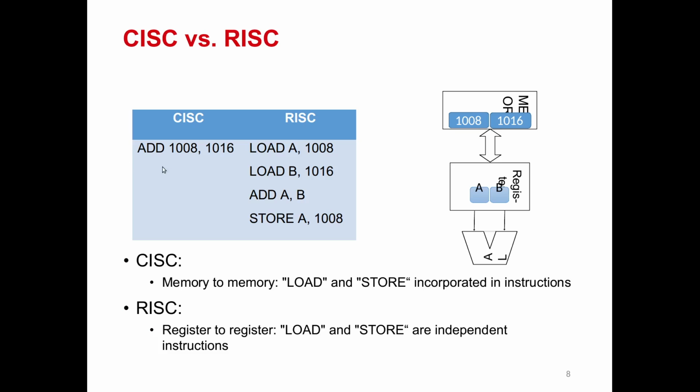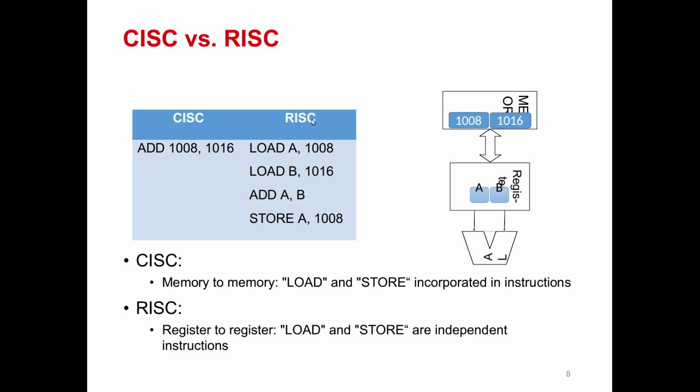For example, a memory operation, which adds two values inside memory together and stores the result back into memory. For the CISC instruction set architecture, you need only one instruction like this.